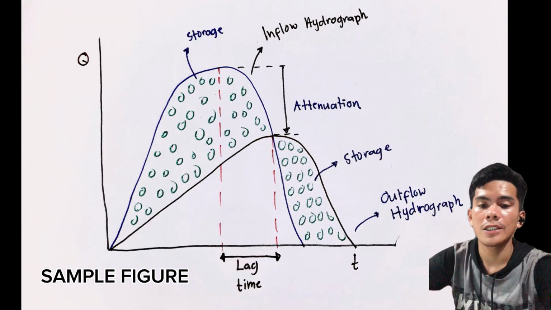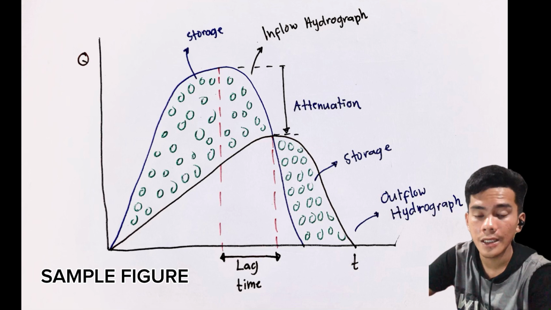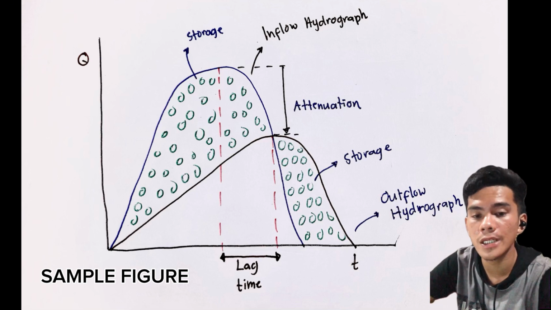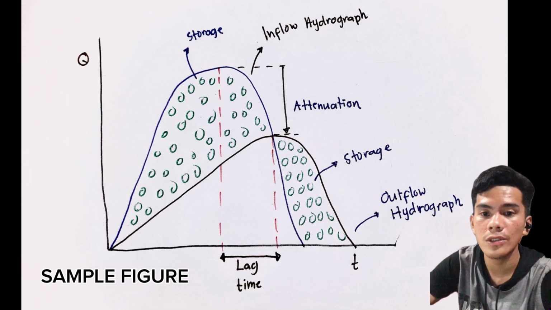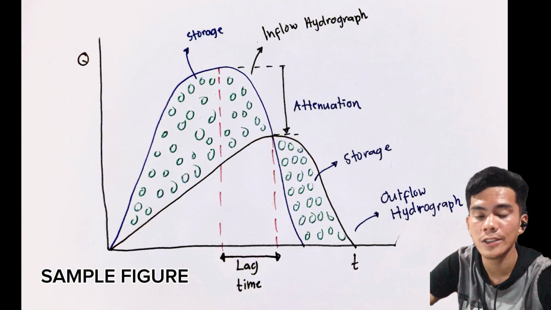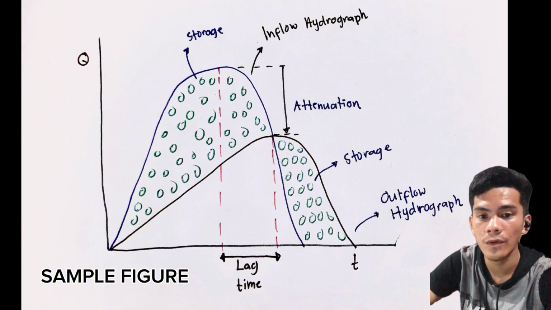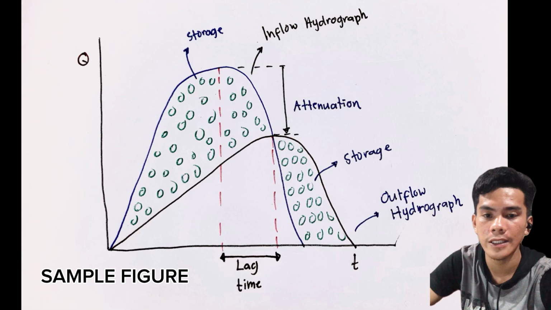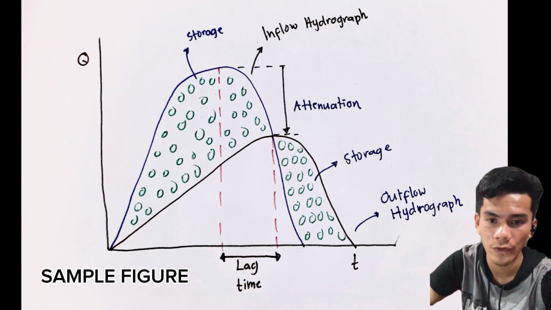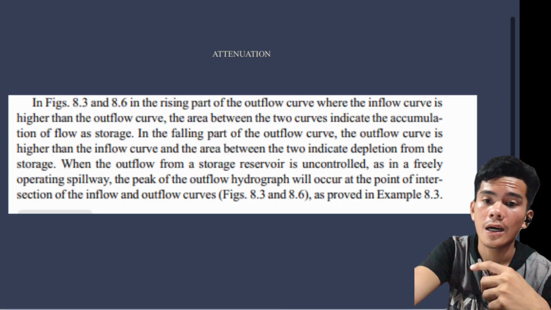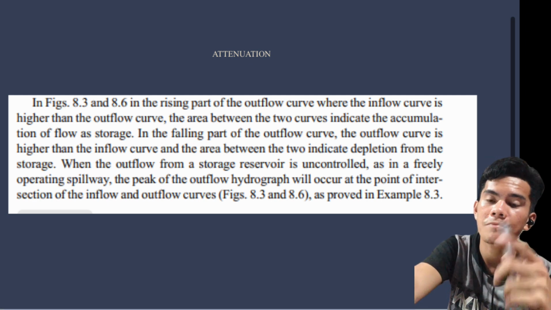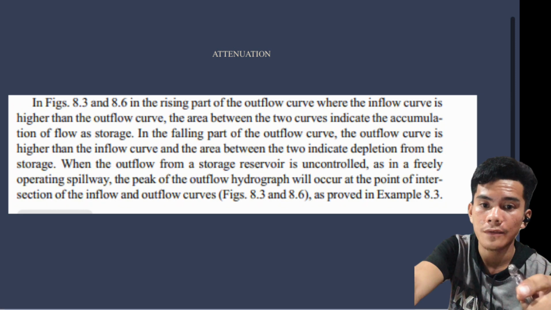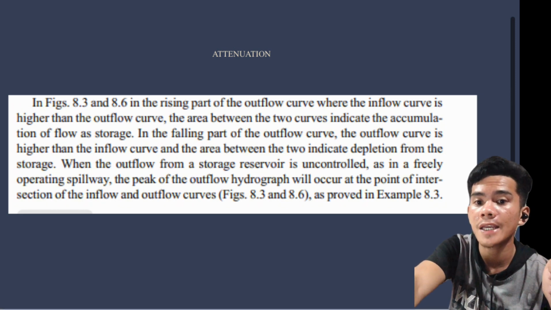In sample 3, there are green colors which show that this part is the storage area of the inflow, and the lower part is the storage area of the outflow. Again, in figures 8.3 and 8.6, in the rising part of the outflow curve, the inflow curve is higher than the outflow curve.